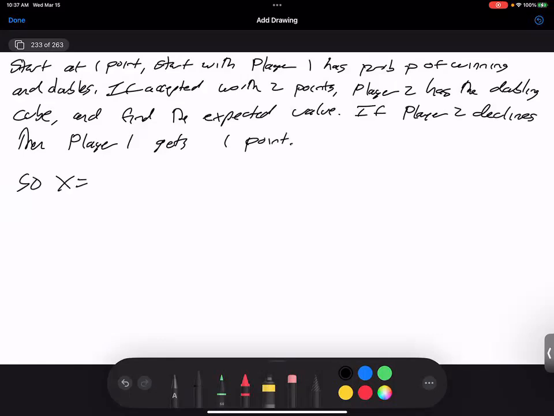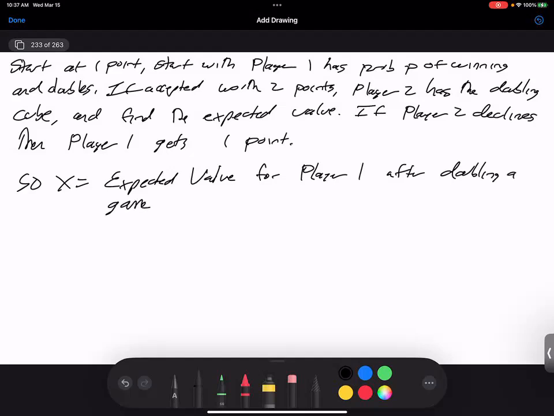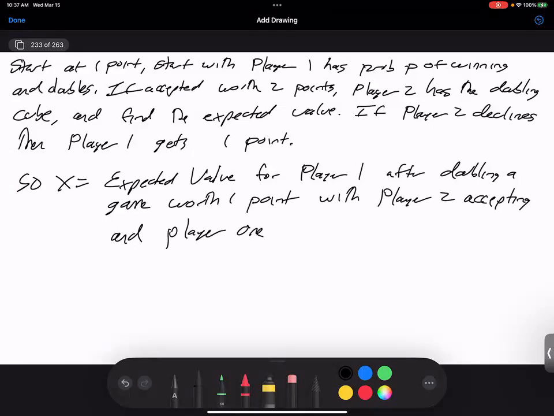So X will be the expected value for player one after doubling a game worth 1 point with player two accepting and player one winning P% of the time.